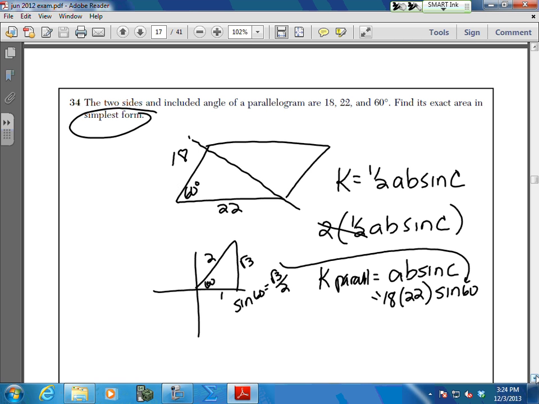That's what you have to use in here. So 18 times 22 times radical 3 over 2. You've got to keep your radical 3 in here. So multiply your 18 times 22 and divide it by 2. 198 radical 3. That's what you're looking at. They wanted your answer in simplest radical form.